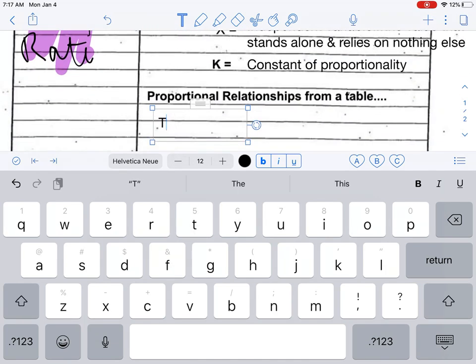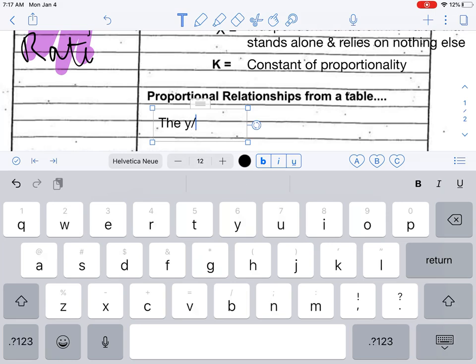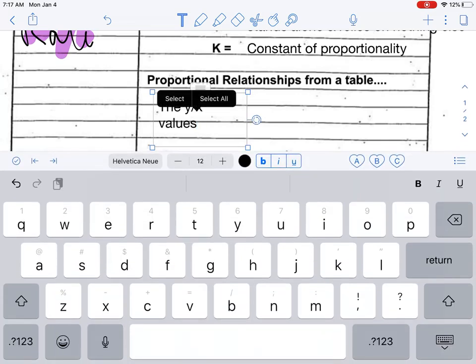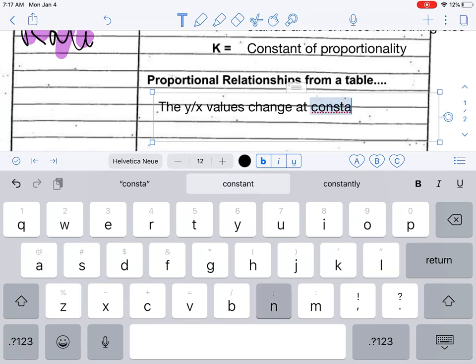The y over x values change at a constant rate for all values in the table.